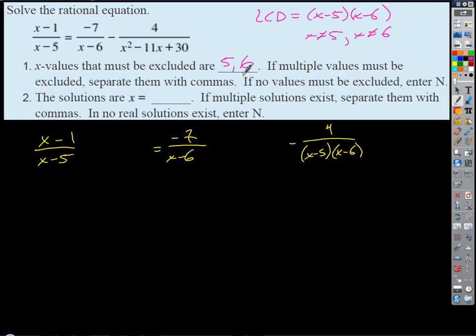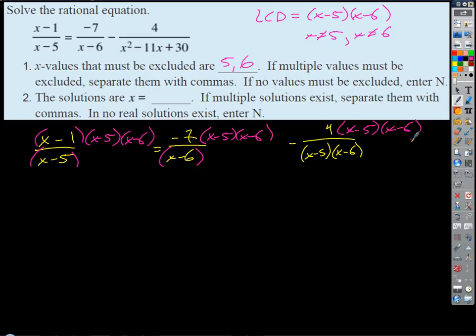We're going to clear the fractions by multiplying both sides through by that, right? So we get x minus 1 times x minus 5 times x minus 6 equals negative 7 times that product minus 4 times that product.